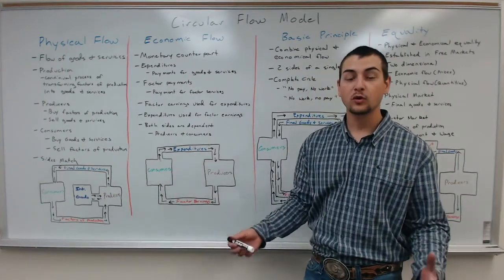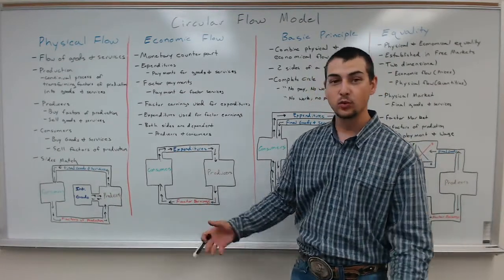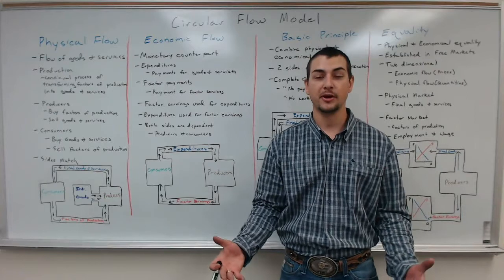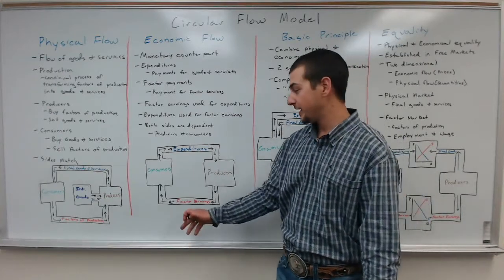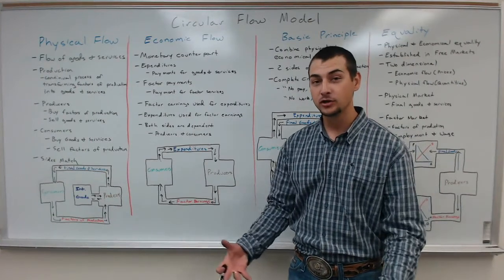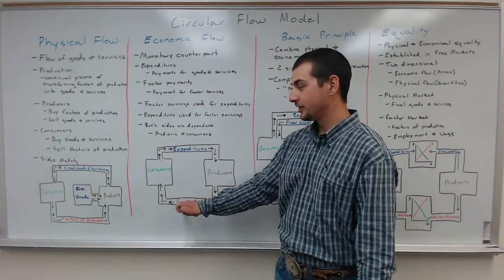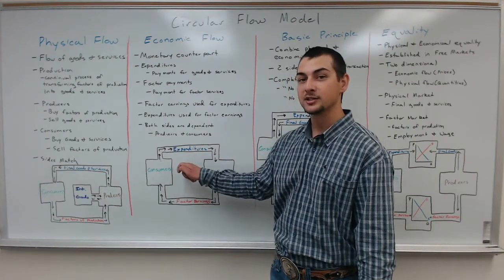So if you go and work somewhere, you're getting paid for your labor. That's your factor earnings. What do you do with that money after you get paid? Turn around and go out and buy something, right? You buy a final good or a service. So factor earnings are being used for expenditures.